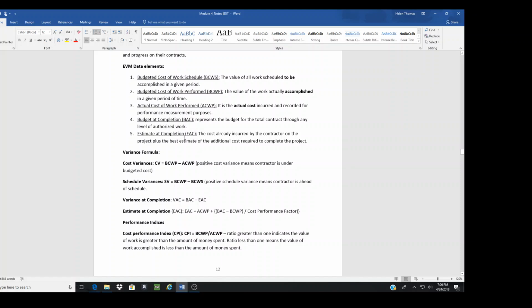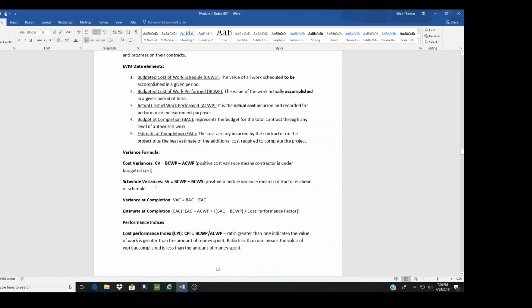Once you know the definitions, then the cost variance. So the variance will tell you if I have a positive number from what I budgeted to what is actual, then he's under budget, under cost. From what we estimated the cost was going to be, he's under that cost.